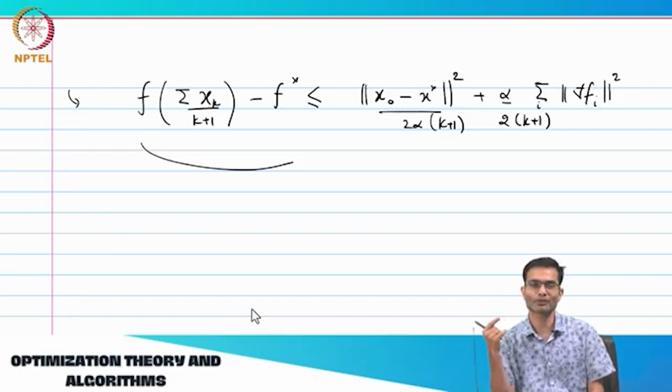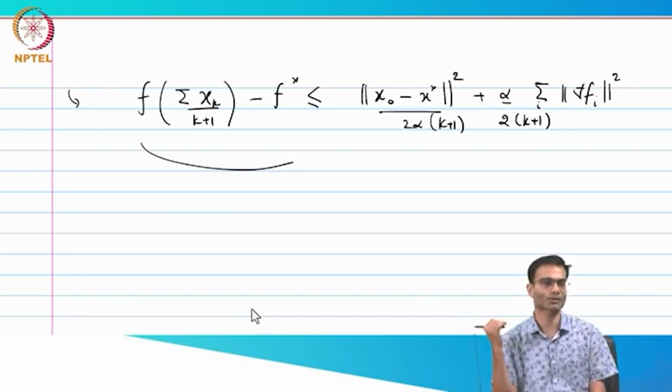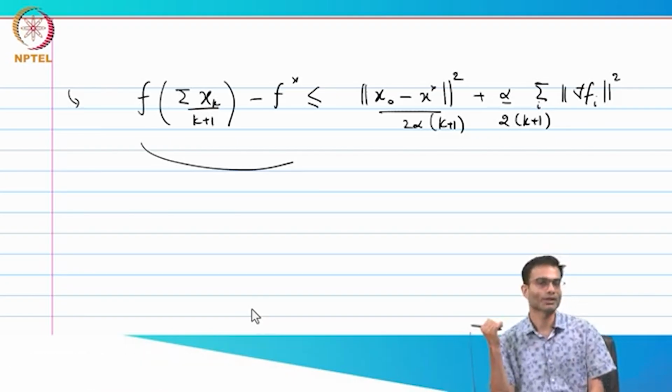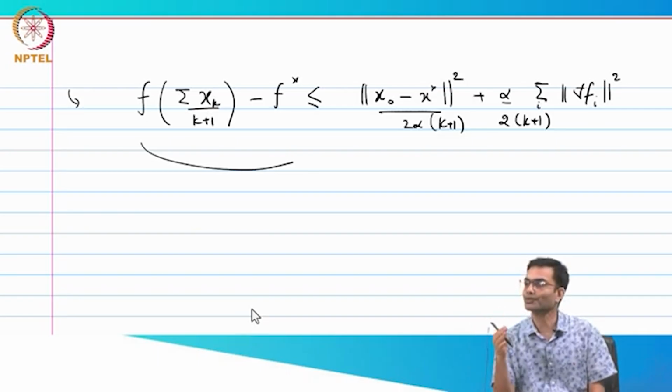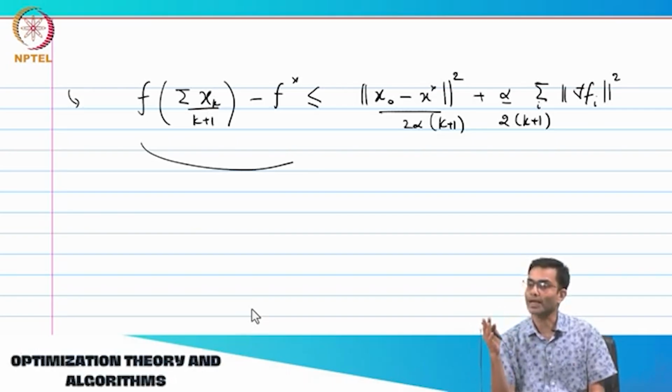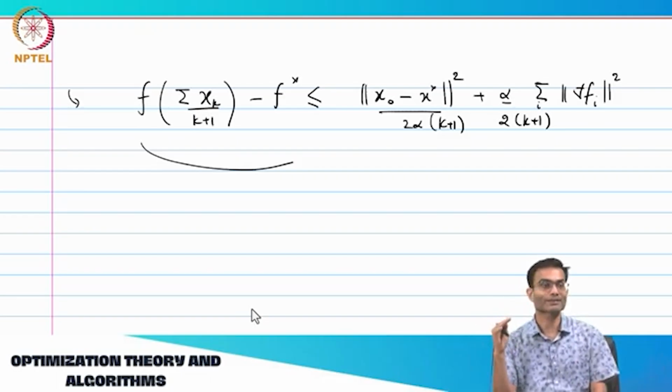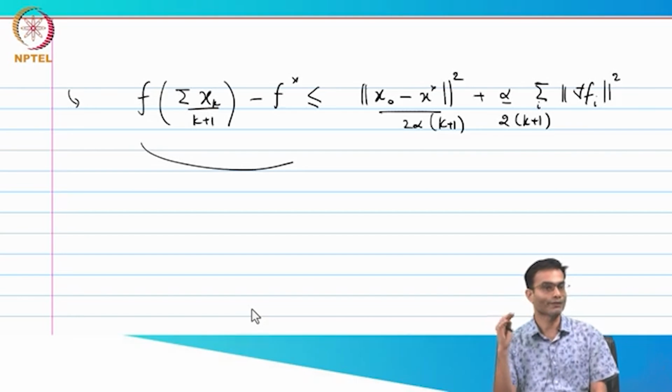We have to make sure what? There's a k plus 1 also in the denominator. So grad f should not blow up, it can grow, but it should not grow faster than k. If its growth is less than order k, what will happen to this term?